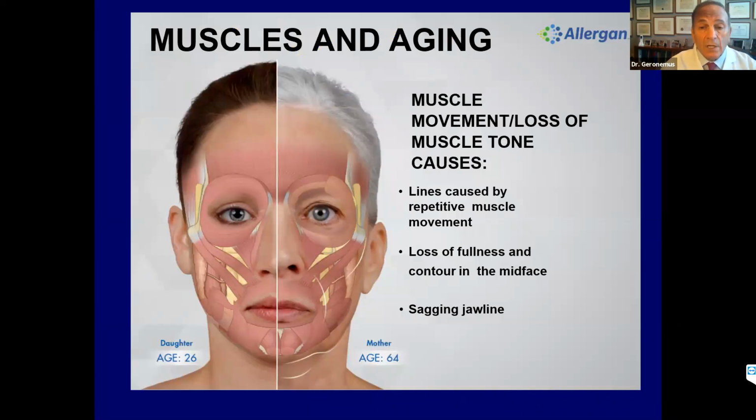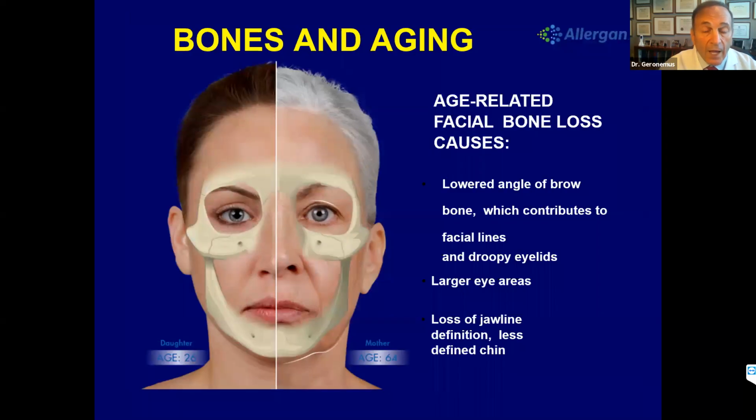Muscle movement and sun damage all cause the loss of muscle tone, the lines caused by repetitive muscle movement, and the loss of fullness and contour in the mid-face and the sagging jawline. And then you have age-related facial bone loss, lowered angle of the brow, the bone which contributes to facial lines and droopy eyelids, larger eye areas, loss of jawline definition, a less defined chin.